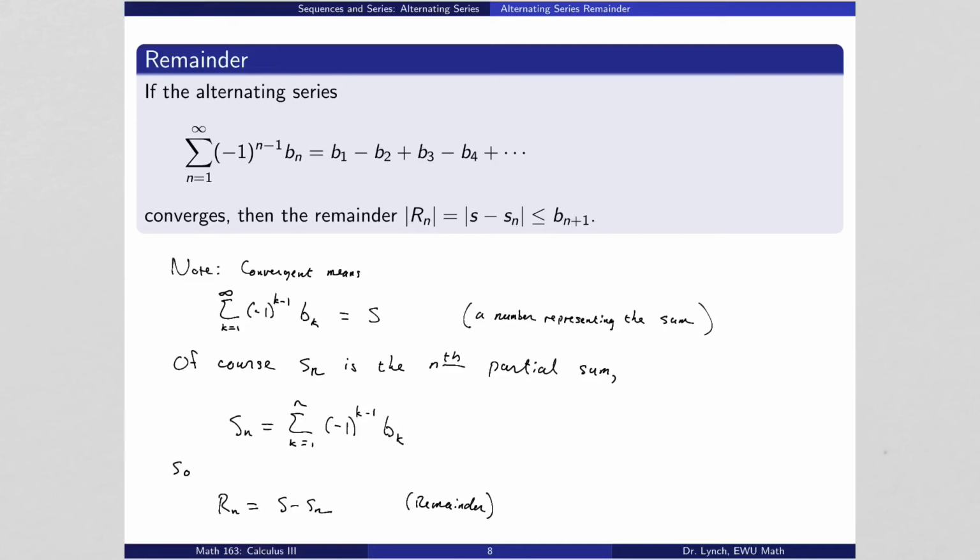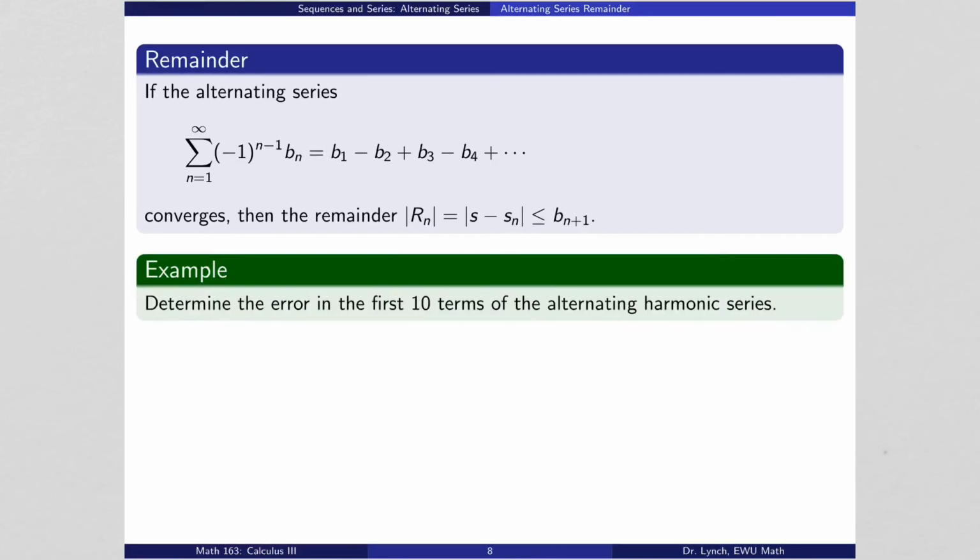Okay, so a quick example that illustrates the use of the remainder theorem. Let's go ahead and have a look at the error in the first 10 terms of the alternating harmonic series. Okay, so again, that series is the sum from 1 to infinity of minus 1 to the k minus 1 times 1 over k. So the sum of the series is as n goes to infinity. Of course, the sum of the first n terms, we stop at n instead. And the remainder, in having a look at the first 10 terms, is going to be bounded by b sub 11.